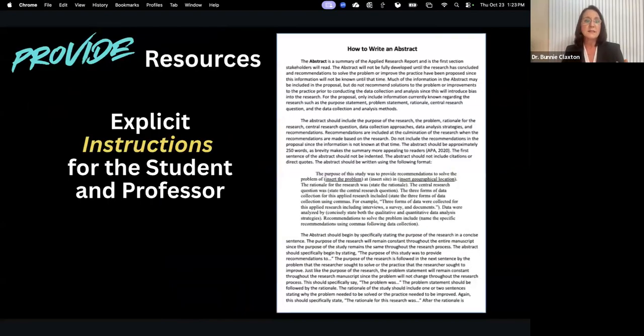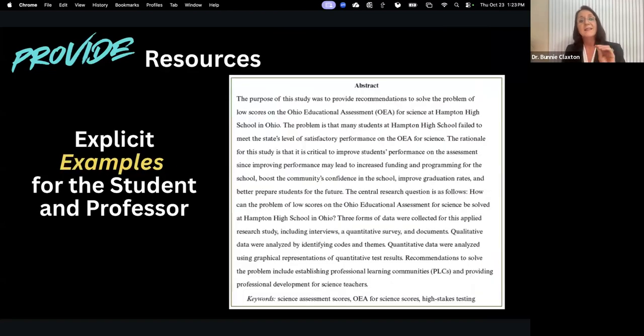Now, inside the textbooks, we give them explicit instructions on how to write their dissertation. So, for example, this one happens to be about the abstract, and this is from the applied research book. This is how to write the abstract. In this part, we tell them exactly what we want them to do to write their abstract. Then we give them an example. And again, this example comes from the applied research dissertation template.